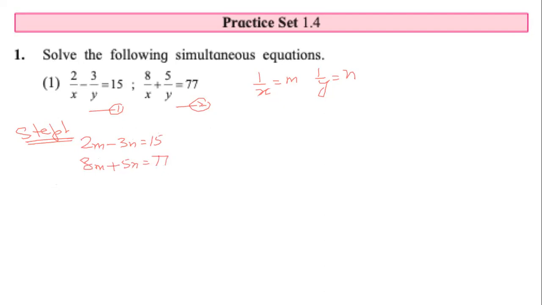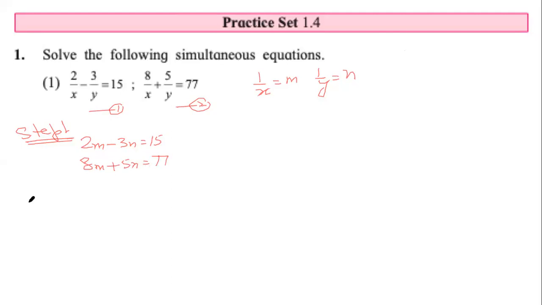Khadija, you have used A and B. Just look at your signs: 8A plus 5B it should be, not minus. Good. Step number 1 is done.